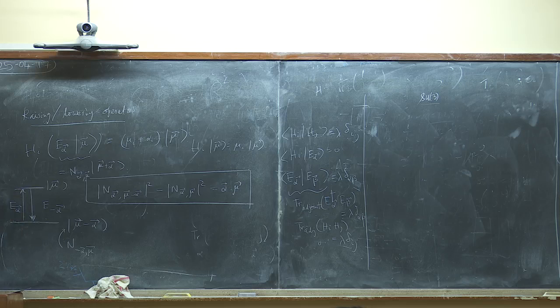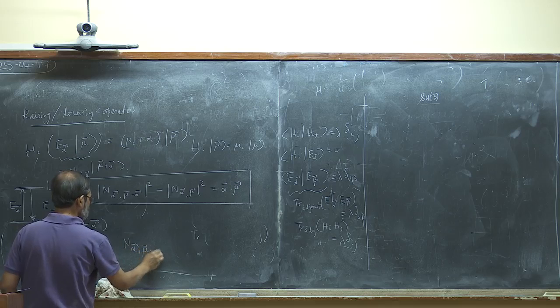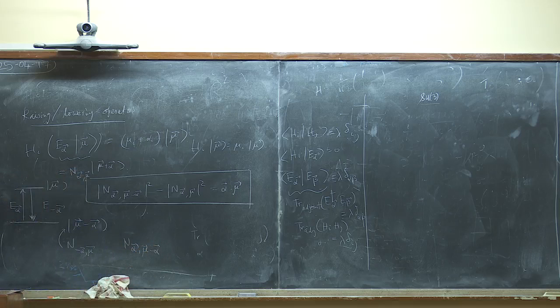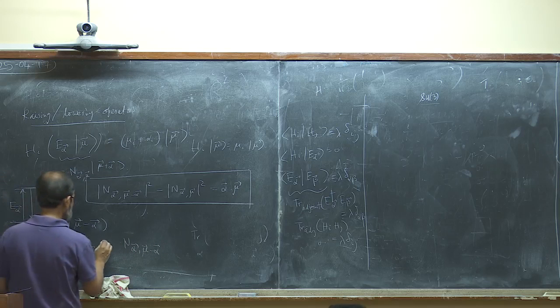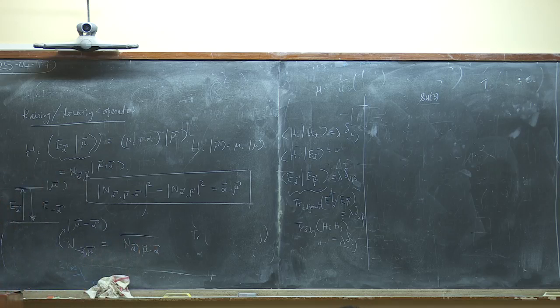It would be n_{α,μ-α}. But these two matrix elements are just conjugates of each other. Therefore, we have proved that n_{-α,μ} is the complex conjugate of n_{α,μ-α}.